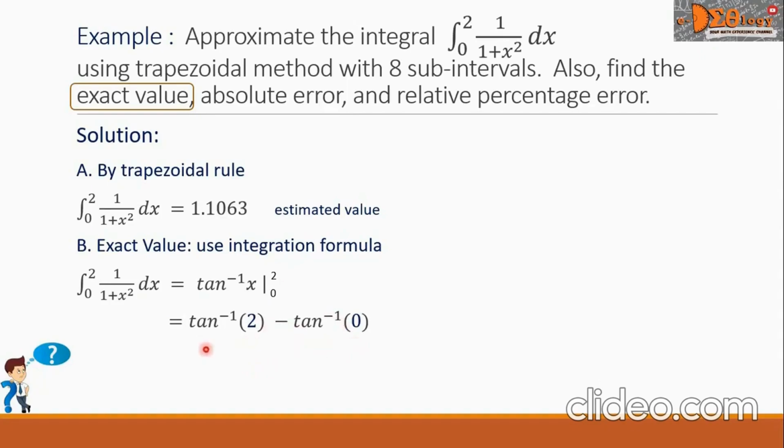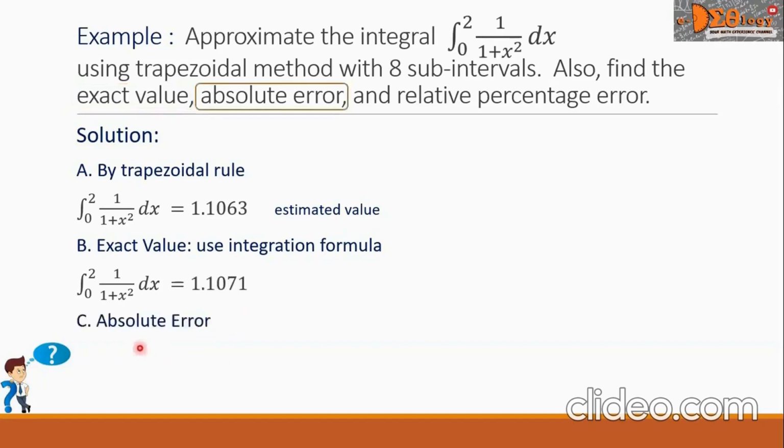We can use our calculator to find the corresponding values, but make sure that the calculator must be in radian mode. So the values are 1.1071 minus 0 respectively. And the final answer is 1.1071. We can write the answer in here.